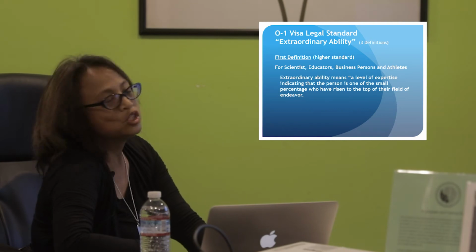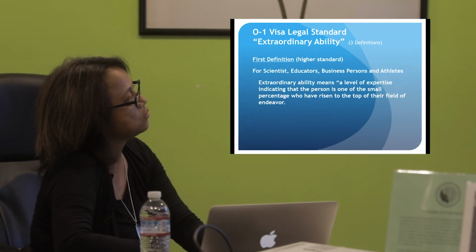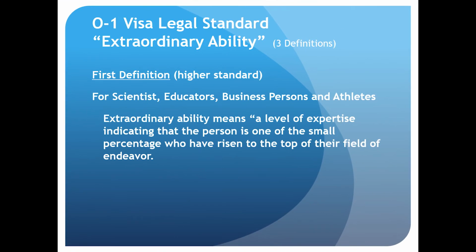Okay, so let's go back to what the legal standard of extraordinary ability means. It seems kind of daunting, but there are actually three different definitions. The first is a much higher standard, and it applies to scientists, educators, business persons, and athletes.